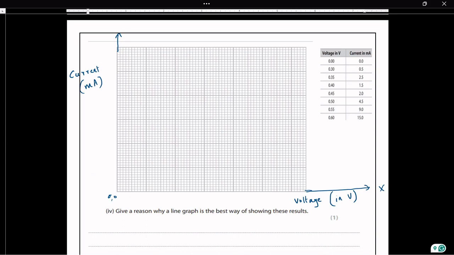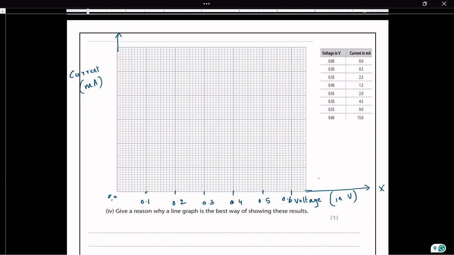So 1, 2, 3, 4, 5, 6. Each big square can be taken as 0.1. The next one 0.2, then 0.3, 4, 5, and 6. So we have marked all the voltages.